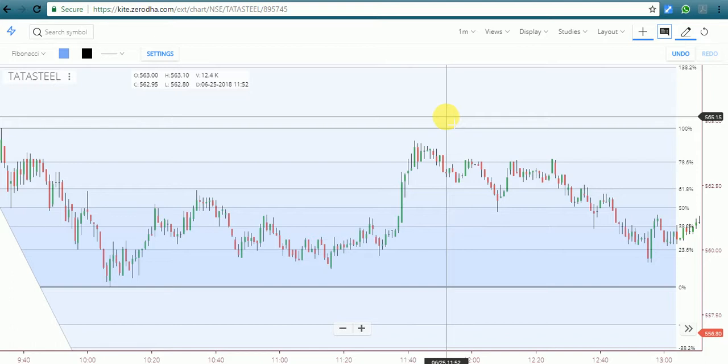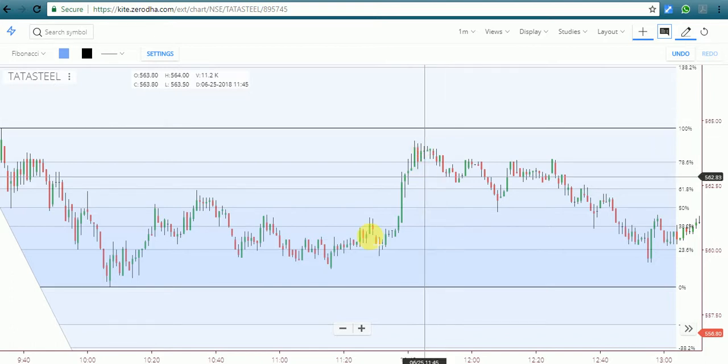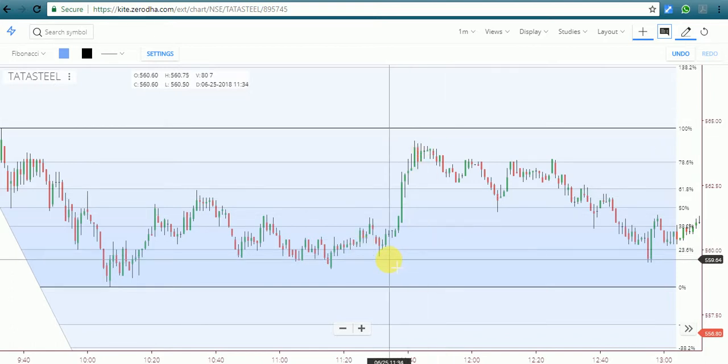If you want to take a risk, then you can go through buy here also. But if you don't want to take a risk, you can choose some other script.